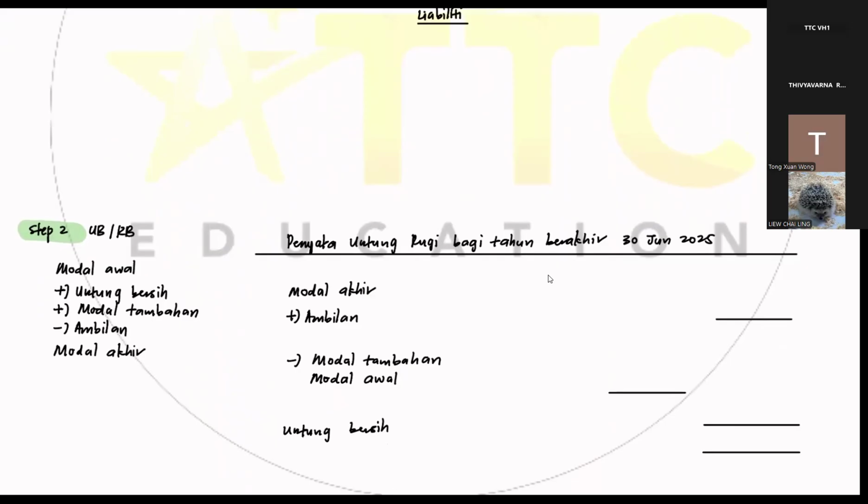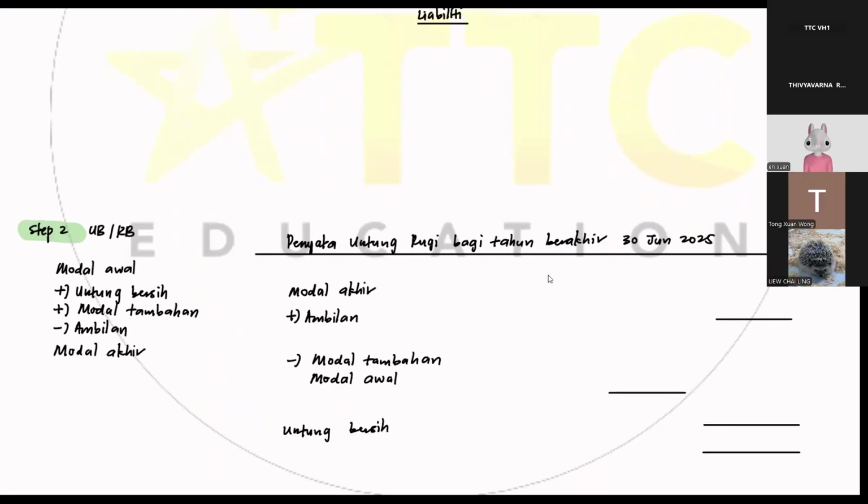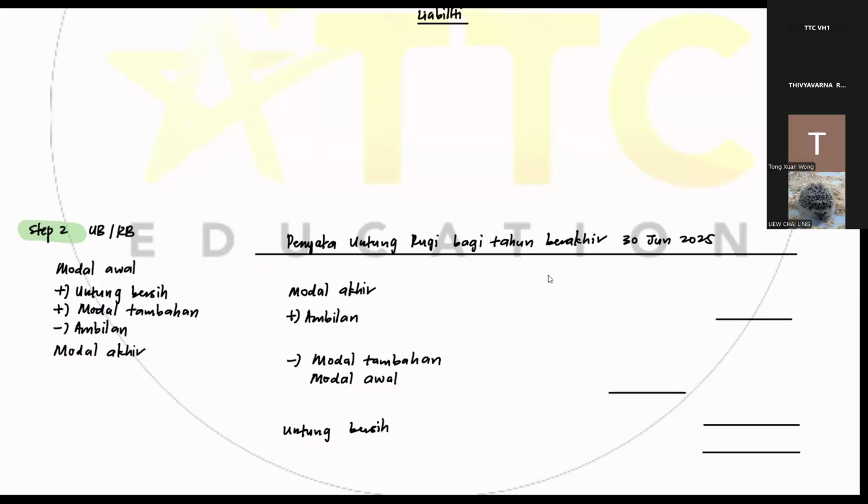But now no more. Kaedah berbandingan, no. Kaedah berbandingan only needs us to use the PKK, equity pemilik portion, just that portion to find out the missing untung bersih in the middle. So in short, for kaedah berbandingan, to calculate untung rugi bersih, what we need is only equity pemilik.